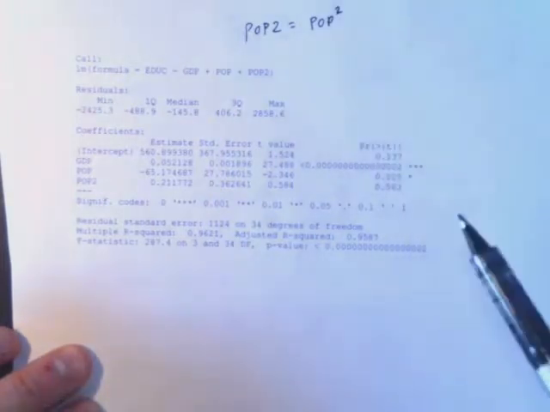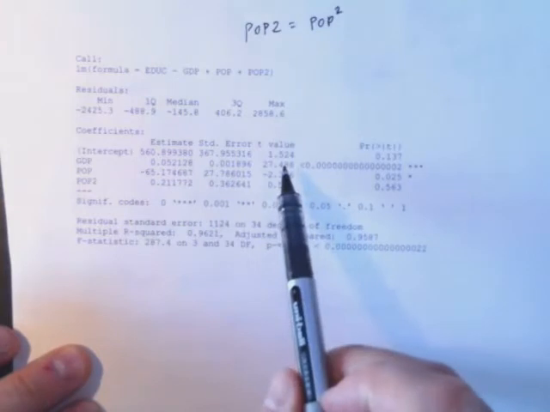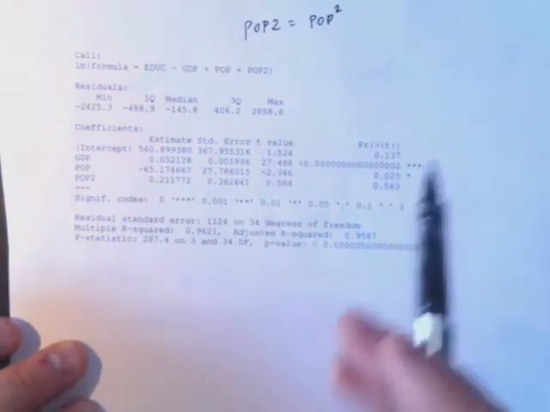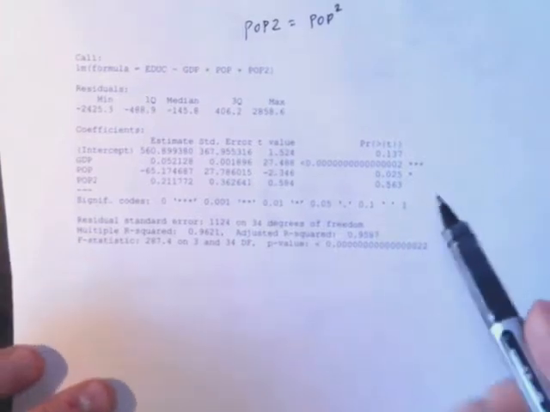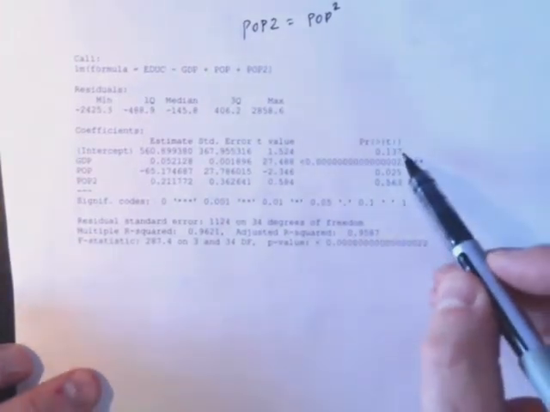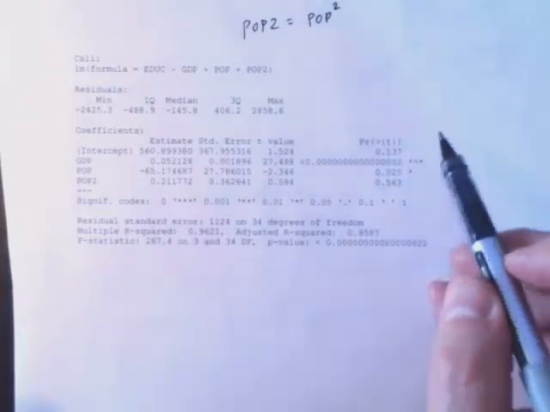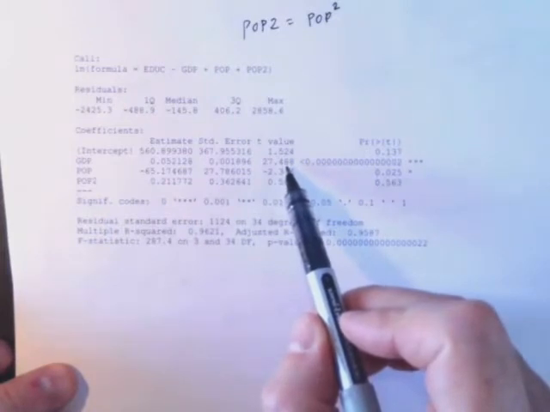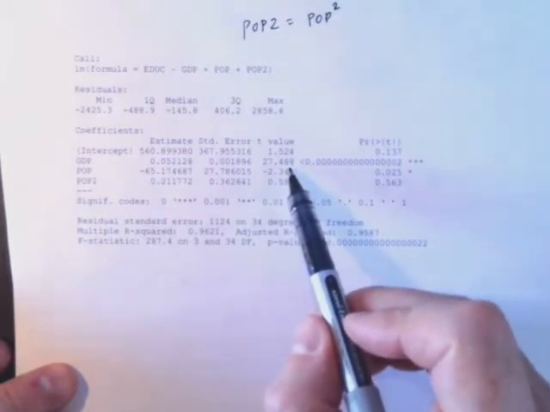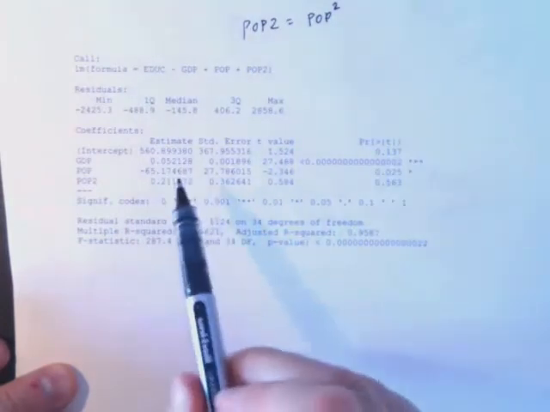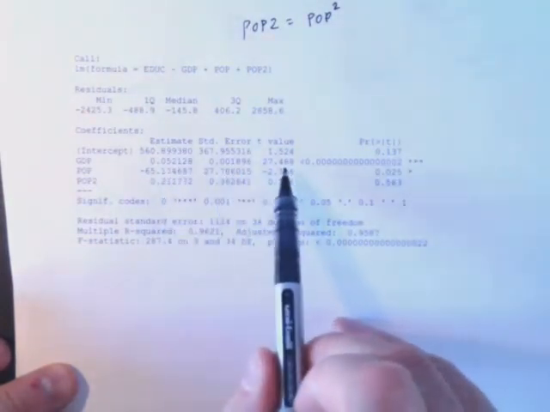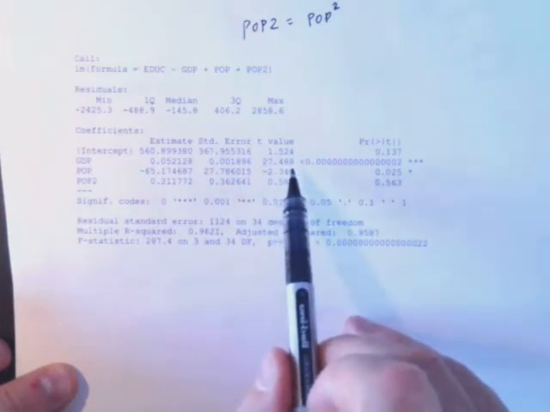So the first one here, the intercept, has a t-value of 1.5. So that's not very big. That's inside the 95% confidence interval. It has a p-value of 0.137. GDP has a t-statistic value of 27.488, which is huge. Okay, so you have a small coefficient, but a very small standard error. So the ratio of the two is 27.488.